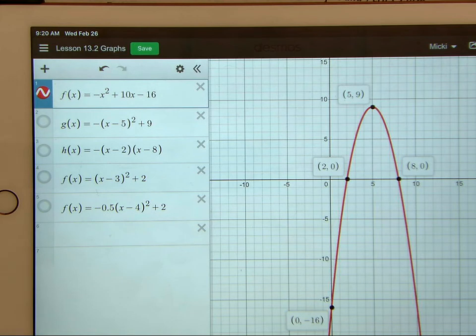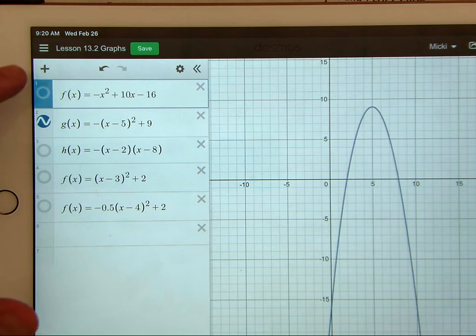And then if we go to g of x, all I have to do, because I've already pre-programmed it, is click on it. I didn't want you to have to sit and watch me type it in. That would have been hard to watch, right? Now I'm seeing the next equation. But wait a second, where did it go? Why don't I see it? What do you notice about these two equations?